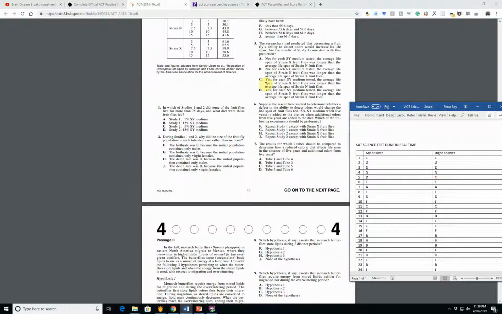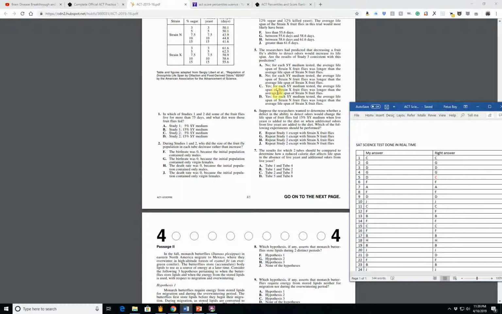I put D, it's C. The average lifespan of strain X. Oh, okay. Yeah, I just read it wrong, because it should be C. Strain X is longer than strain. That's just a stupid mistake.